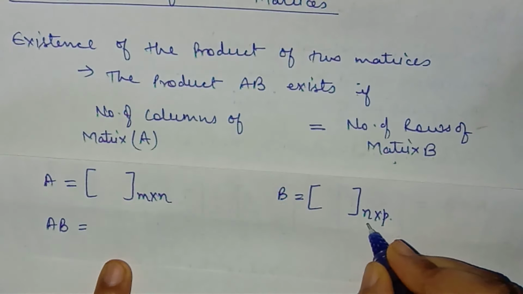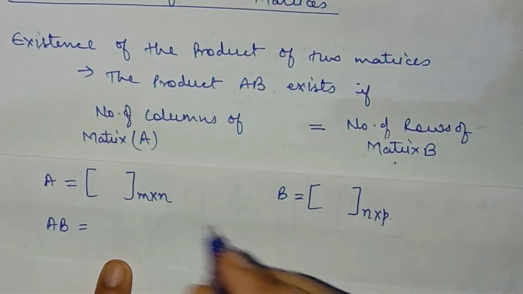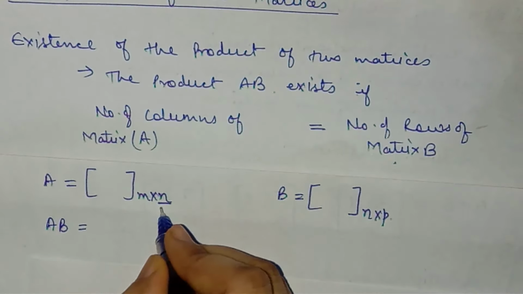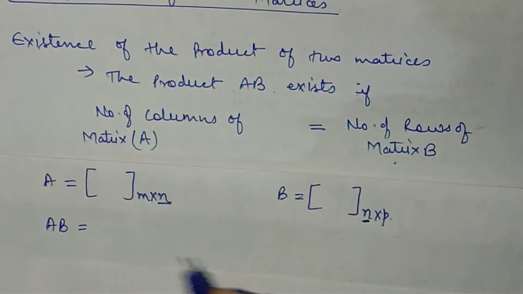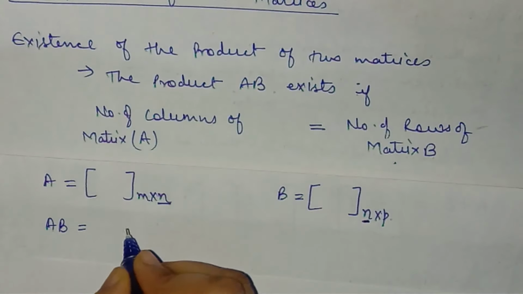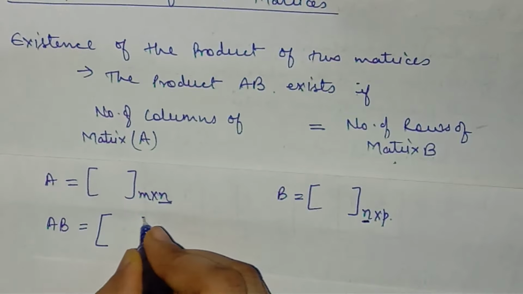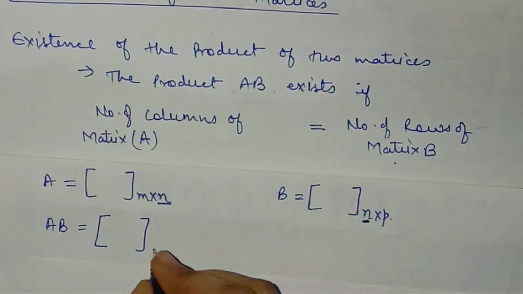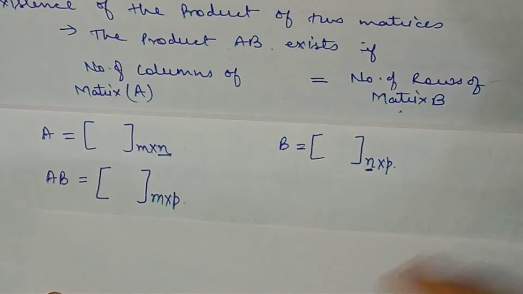In the next matrix, n is the number of rows and P is the number of columns. So the number of columns of the first matrix A and the number of rows of the second matrix should be the same. When you multiply the two matrices, the resulting matrix AB should be of order m into P.